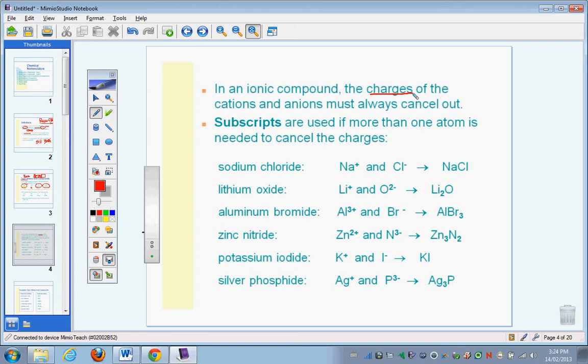Okay? Charges must cancel out. Sometimes they cancel out automatically. For example, Na positive, sodium, and Cl minus, chloride, plus 1 and minus 1 cancels out, so the formula of table salt is NaCl.